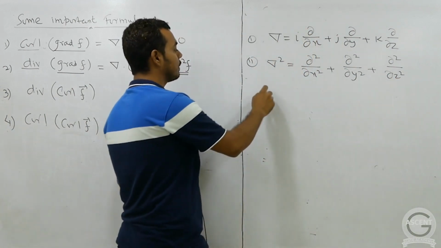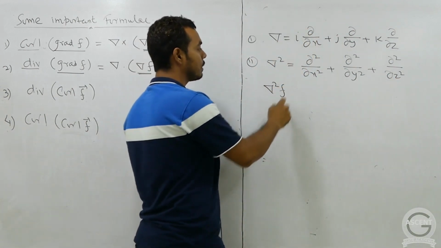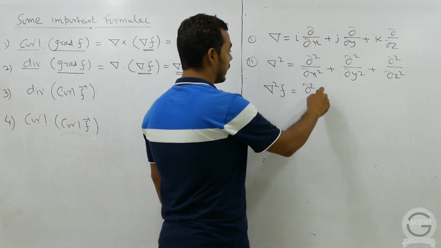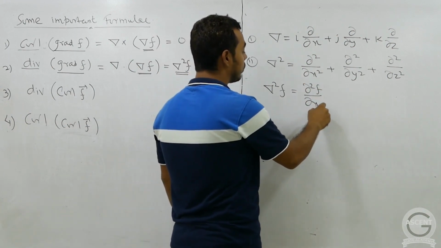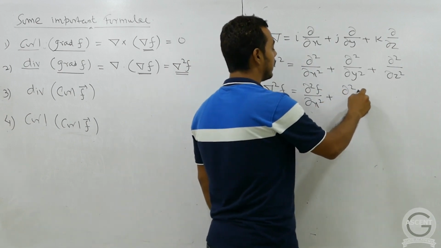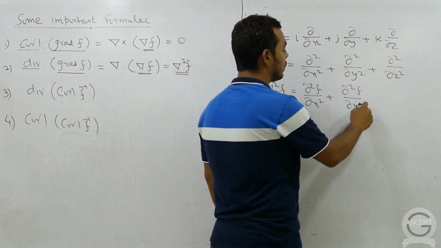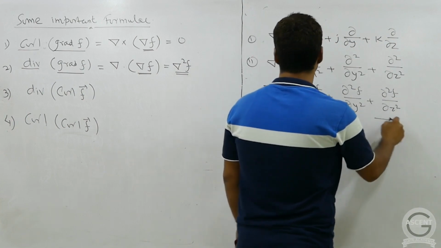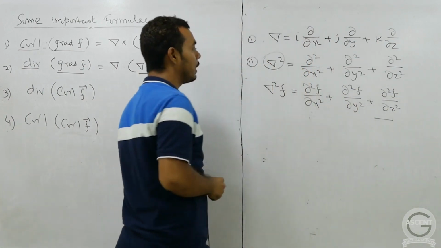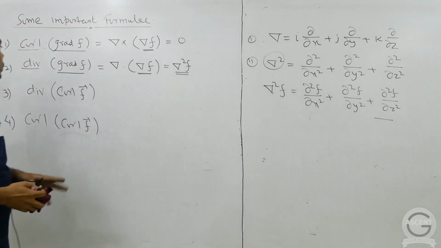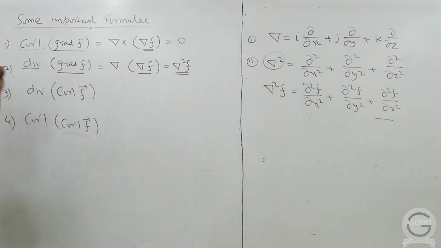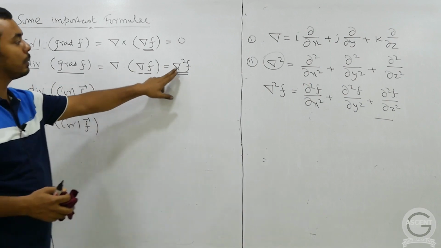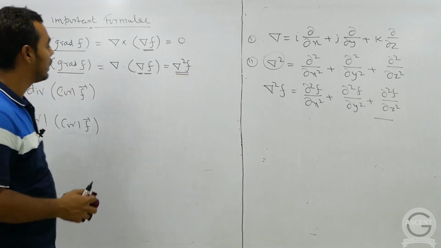Meaning that if I have to apply this del square on some function f, it should be second derivative of f with respect to x plus second derivative of f with respect to y plus second derivative of f with respect to z. So this del square operator is called a Laplacian operator. So divergence of gradient of f will mean del dot del f. So this will be del square f. So this is the second result.